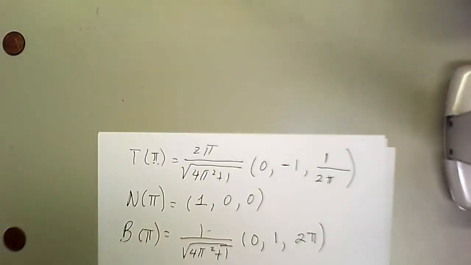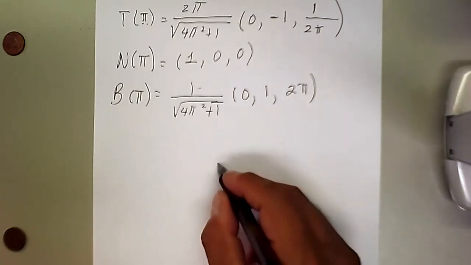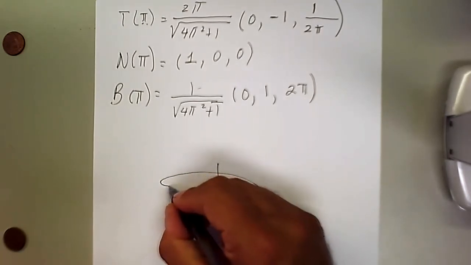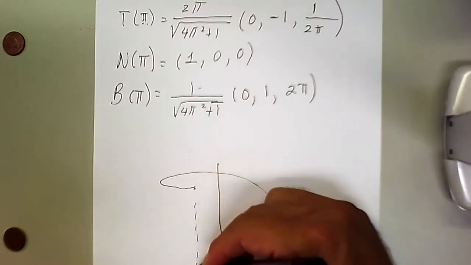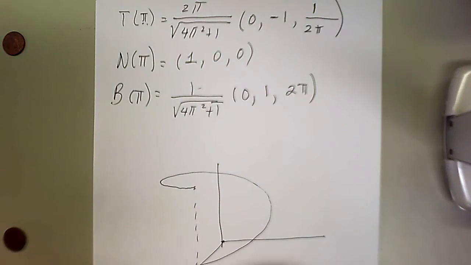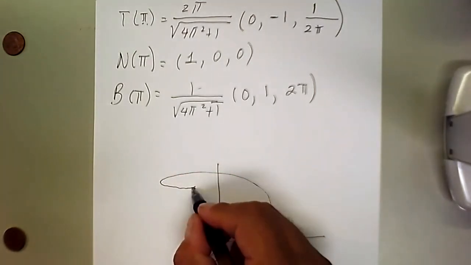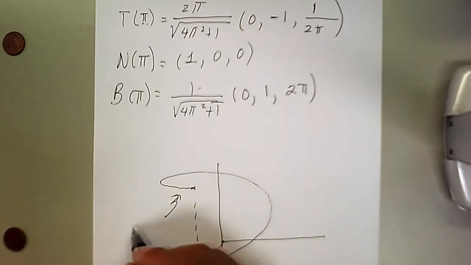What does that mean, those three vectors? Let's draw a picture of what's going on. Remember our helix. It goes up and it comes back. It's still going up here, and it goes up to here. So it starts out at 1, 0, 0. After one turn, 2 pi, when t is equal to pi, we end up with 1, 0, 1.